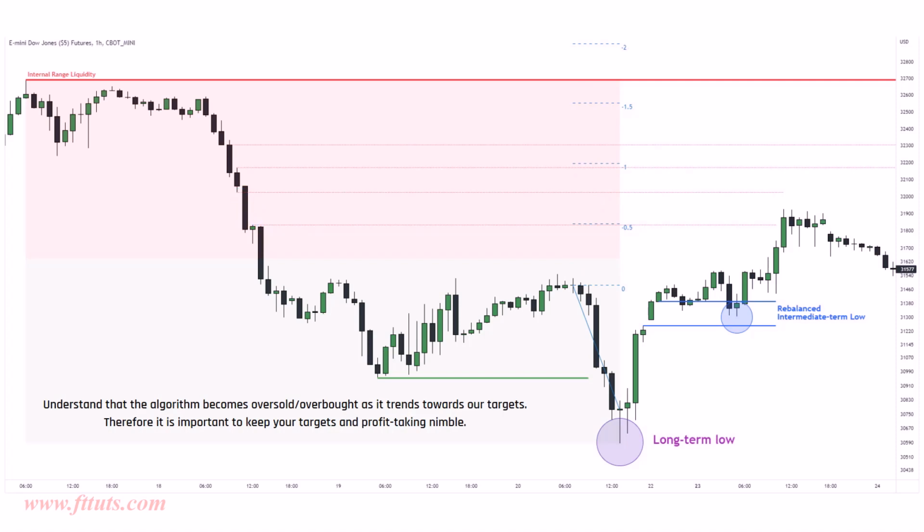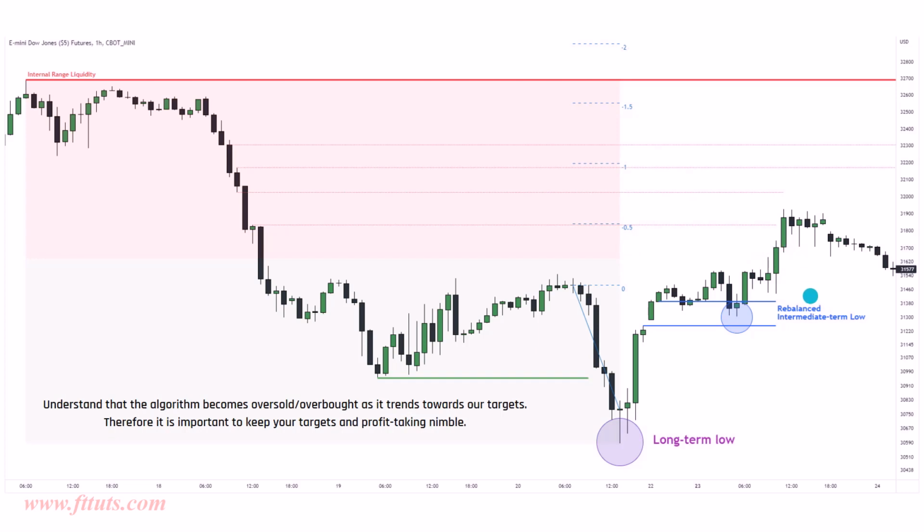They will cause reactions. If you have premium prices and you have a fair value gap, bearish fair value gap in a premium, that will cause a reaction, okay? So make sure to keep profit taking nimble. You don't want to hold for too long, otherwise you'll get punished, like I mentioned, and you'll lose all your unrealized gains.